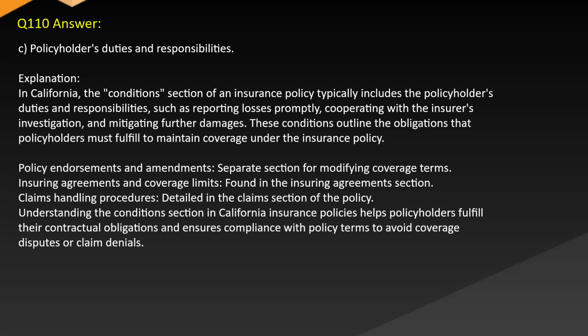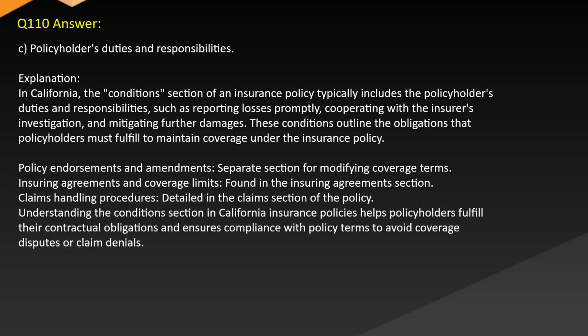Explanation: in California, the conditions section of an insurance policy typically includes the policyholder's duties and responsibilities, such as reporting losses promptly, cooperating with the insurer's investigation, and mitigating further damages. These conditions outline the obligations that policyholders must fulfill to maintain coverage under the insurance policy. Policy endorsements and amendments, separate section for modifying coverage terms.